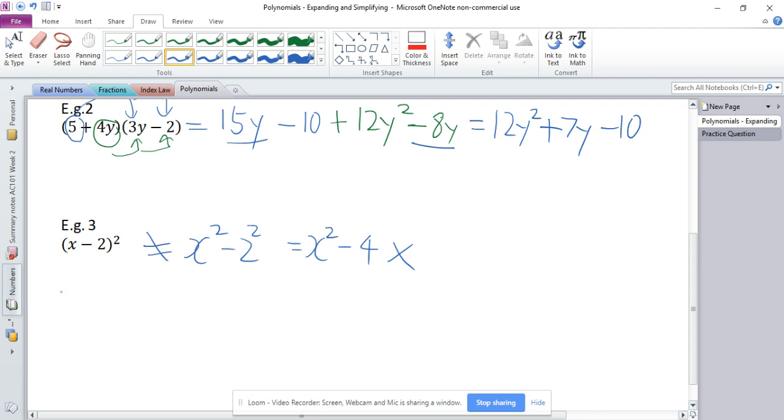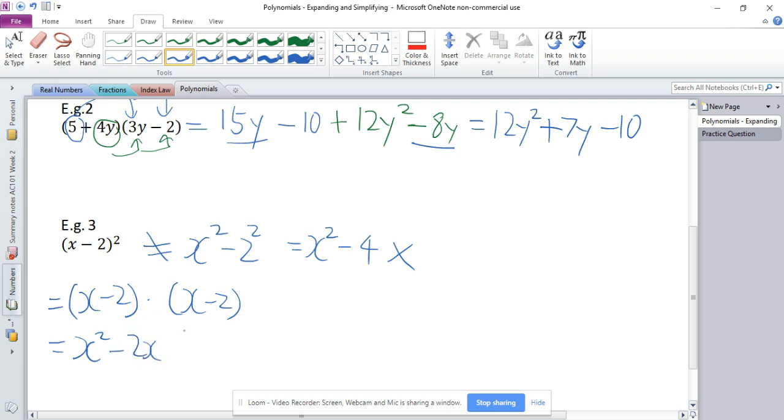So going to solve this question. What is x take 2 power of 2? It is x take 2 times another x take 2. So apply the same rule here. x times x is x squared, x times minus 2 is minus 2x.